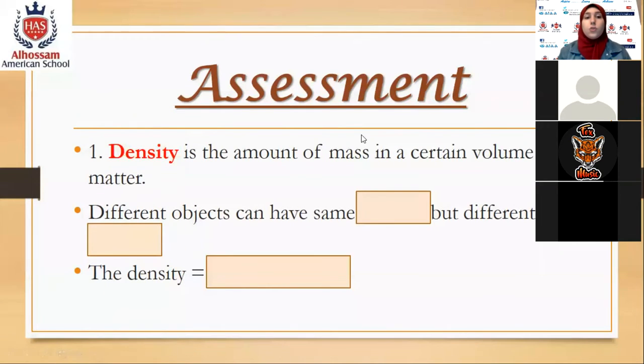Can you solve the next one? Different objects can have the same what, but different what?